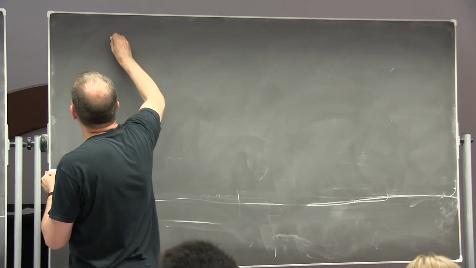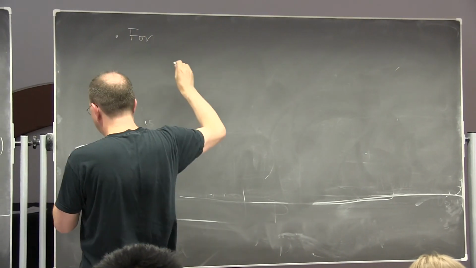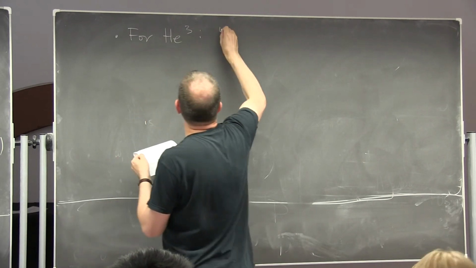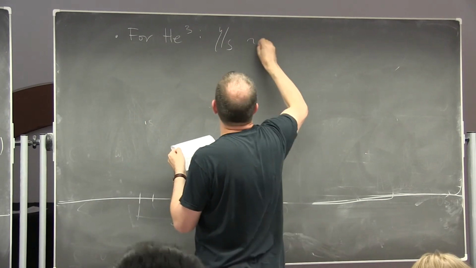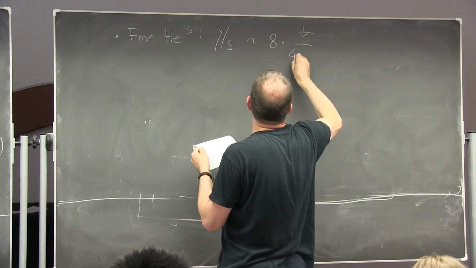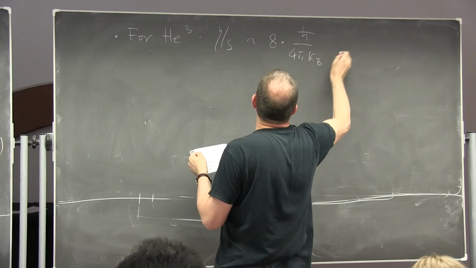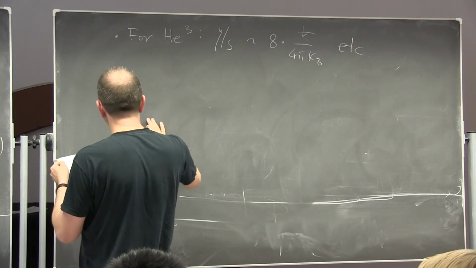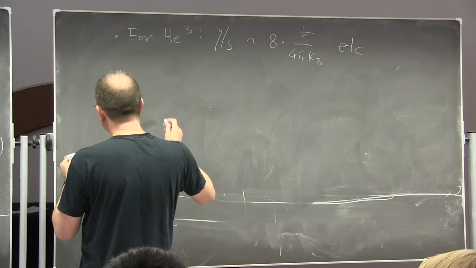For helium-3, for example, this ratio is roughly 8 times this h over 4 pi k Boltzmann, etc. You can compare other liquids, including quantum liquids and so on. It's quite interesting.